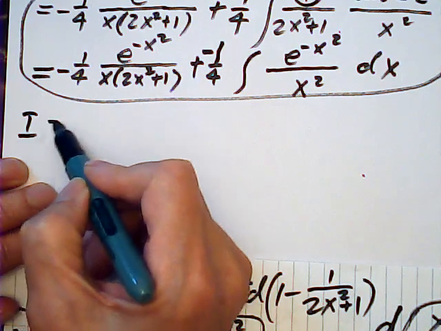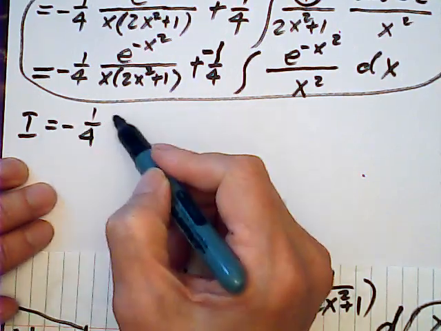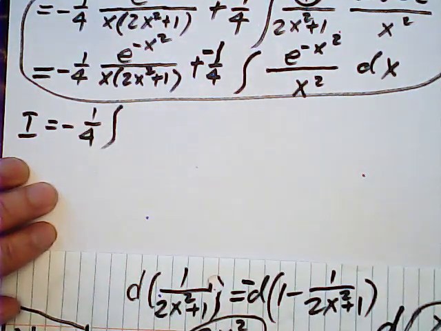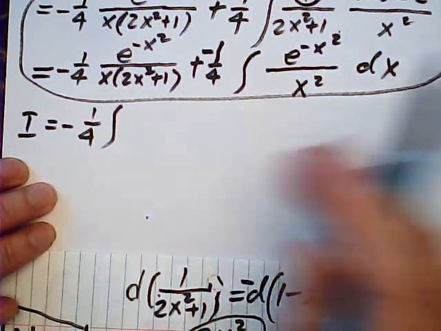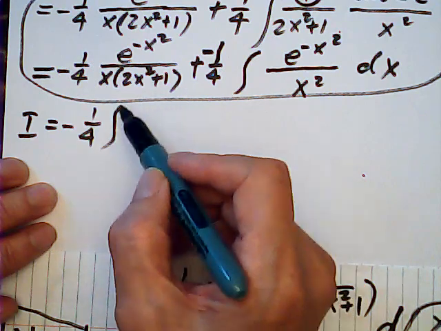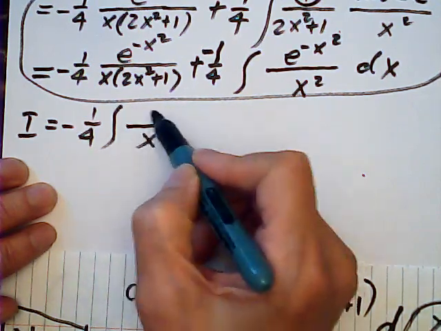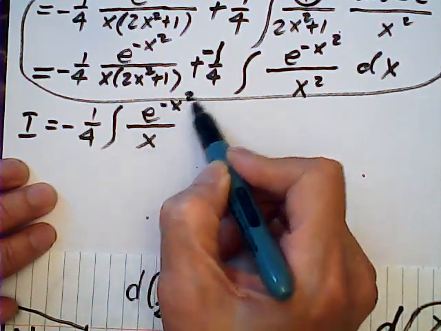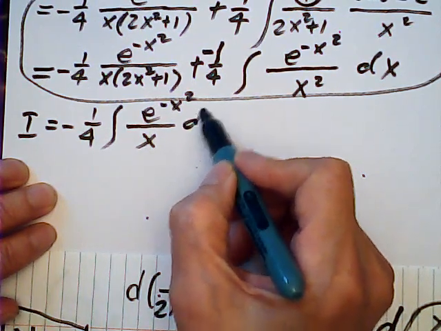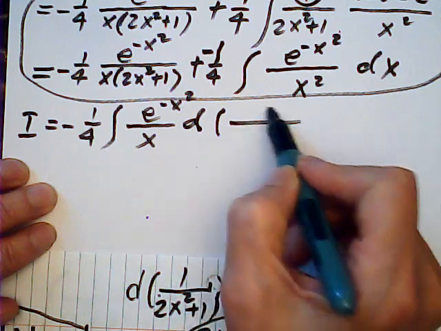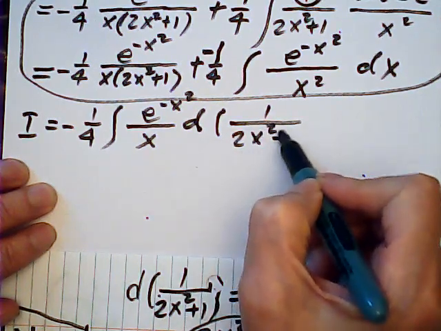So this is I. I is equal to 1/4 integral of x e to negative x squared d of 2x squared plus 1.